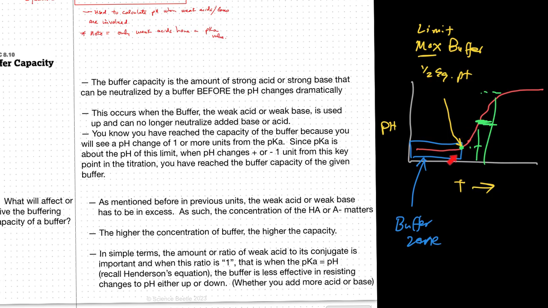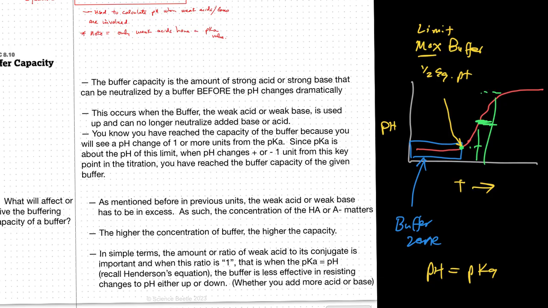So this point, the half equivalence point, is the point that I previously mentioned where the pH is going to be equal to the pKa. This point here tells us, perhaps if you're trying to figure out what's the dominant species inside the solution, is it going to be protonated or deprotonated?